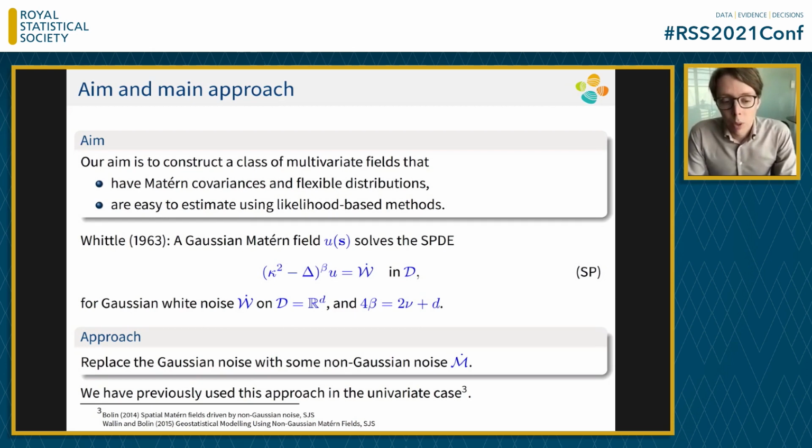And this is something that we have investigated before in the univariate case. So the question now was, how can we use this idea to construct multivariate random fields? A natural idea, if we have this stochastic PDE as a univariate model, would be in the multivariate setting to consider a system of stochastic PDEs.